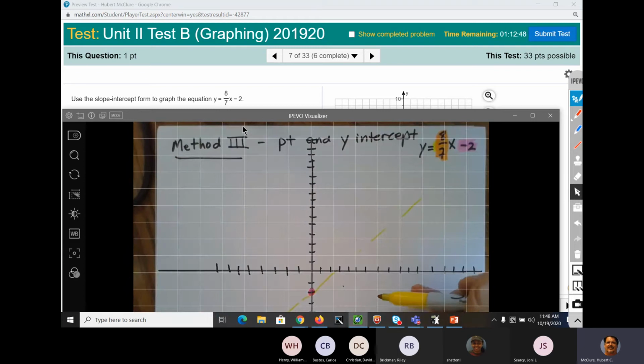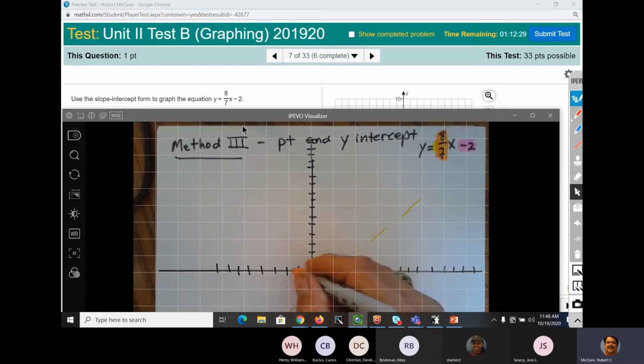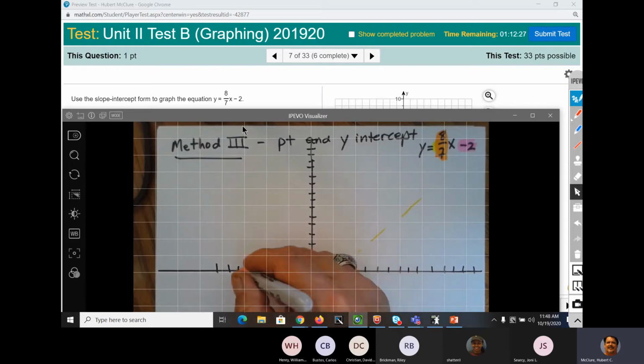Just draw it real light, dashed. And now my orange is 8/7. So I'm going to go down 8, 1, 2, 3, 4, 5, 6, 7, 8, and over 7.